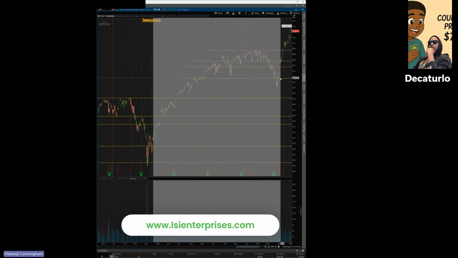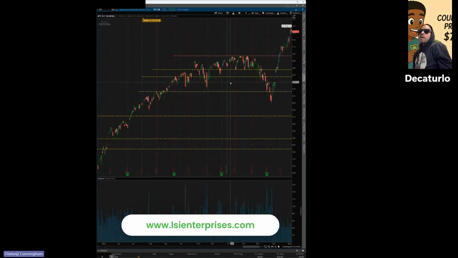I come in on the lower time frame, like a daily or hourly. That's when I try to make it more precise. So instead of having to be directly on point, I'm gonna show you a trick that I do. When it gets like this, instead of just drawing lines, I draw zones.